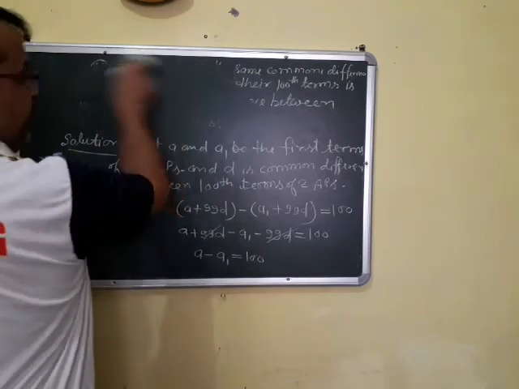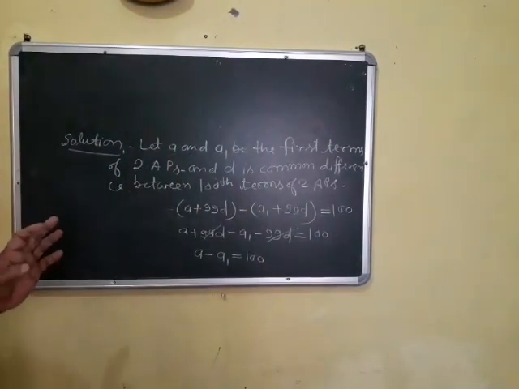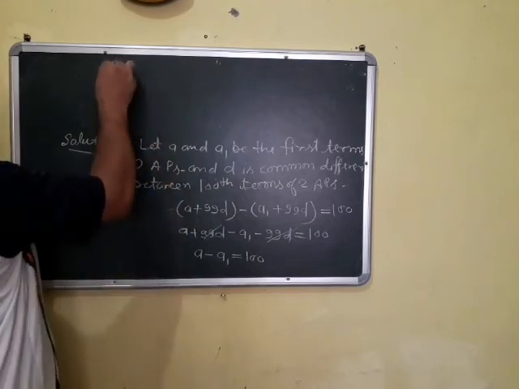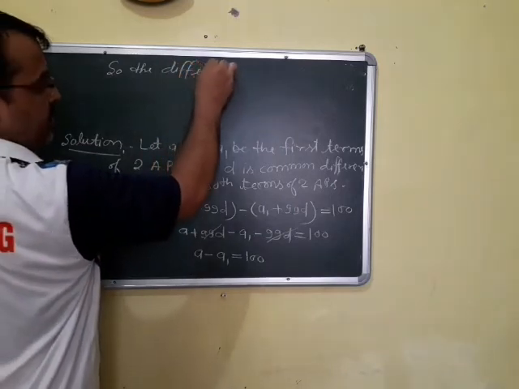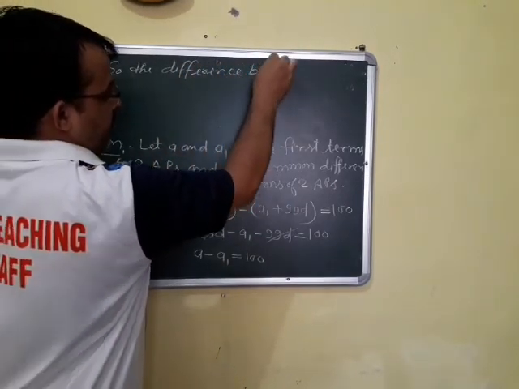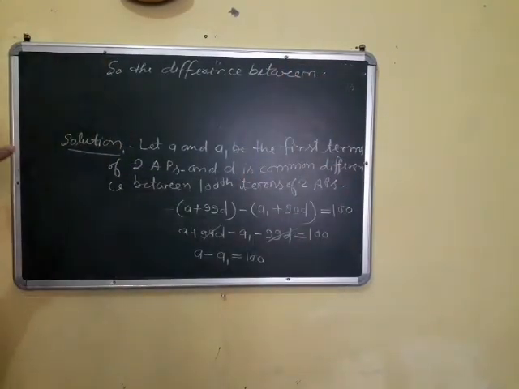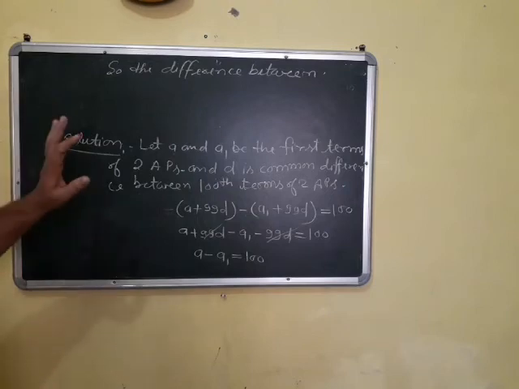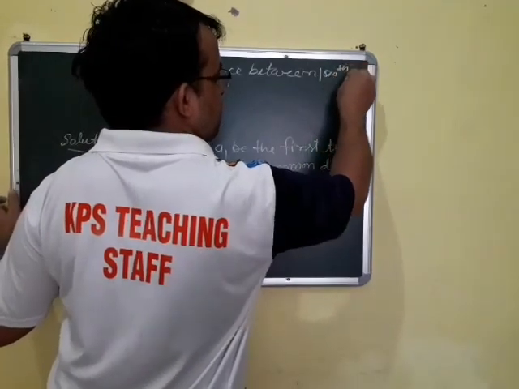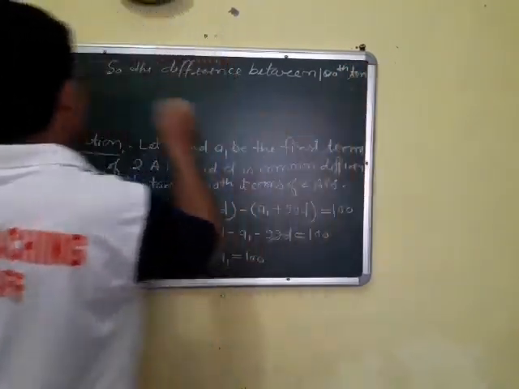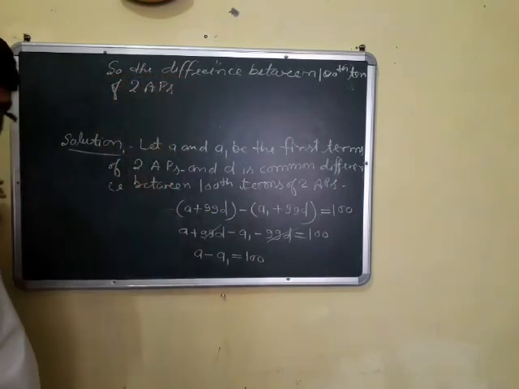Now look here, we need the difference between the 1000th terms of the 2 APs.